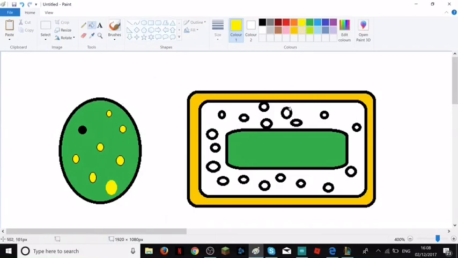So now let's do the mitochondria yellow again, just to make it a bit easier for us to say mitochondria. So all the yellow represents mitochondria. Now let's make the chloroplasts lime green, because they are green.